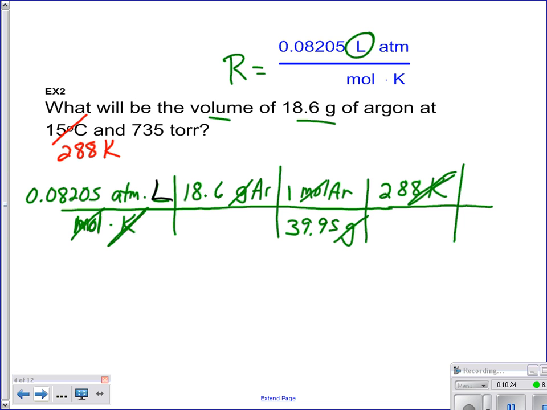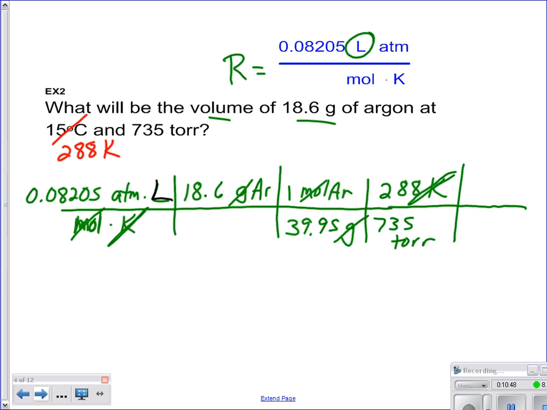Last one, I need to get my atmospheres to cancel, but doesn't look like it's going to happen right away. I've got atmospheres in the numerator, so it looks like I need to put my pressure in the denominator. So right down here, I'm going to say 735 torr. But again, that doesn't cancel. If you want, you know what, just for the sake of having space, I will put it right there.